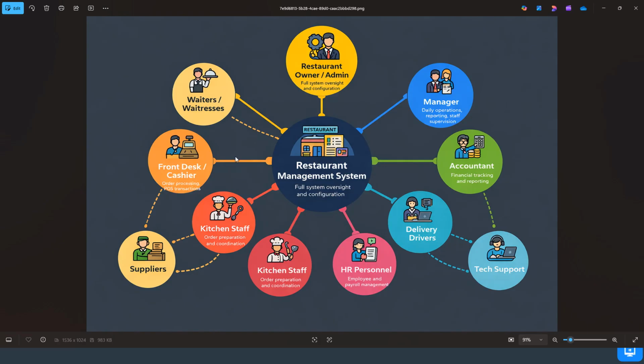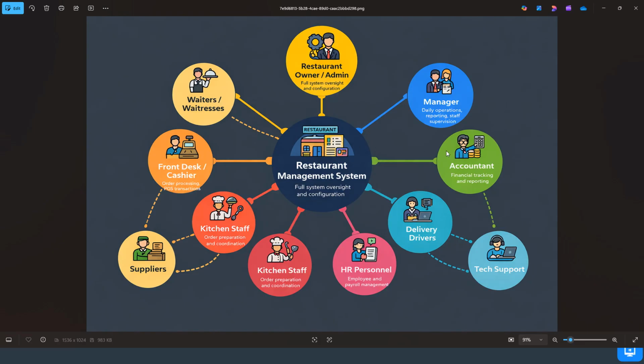He or she is the one responsible for the daily cash coming in, cash going out, and that kind of stuff. At the end of the day, this front desk cashier has to print a report of the transactions that they've done for that day, and hand the report over to the accountant or the manager.